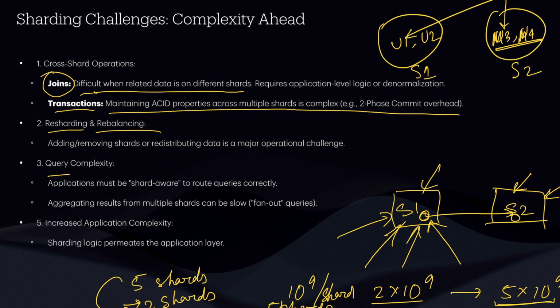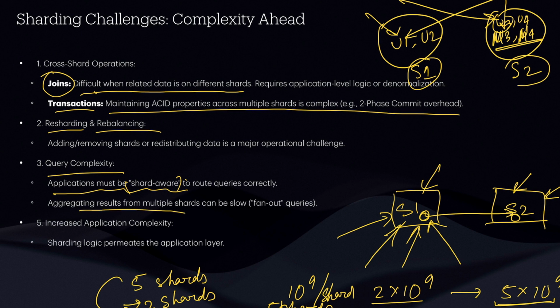Then query complexity. Of course, the applications must be shard aware. The client needs to understand which shard to send the request to. If I want user 1, the client needs to understand that I need to direct my request to shard 1. If I need, let's say, user 3, then the client needs to direct its request to shard 2.